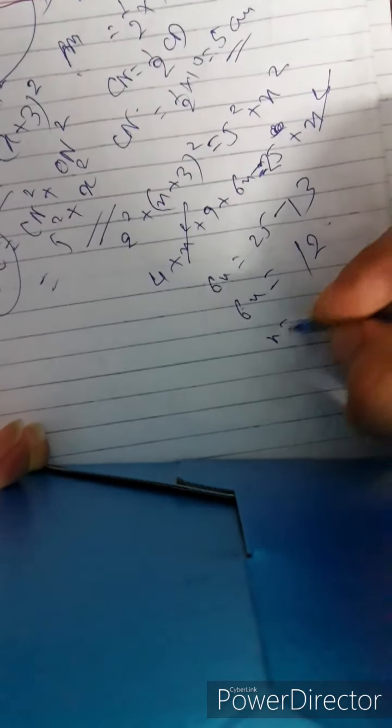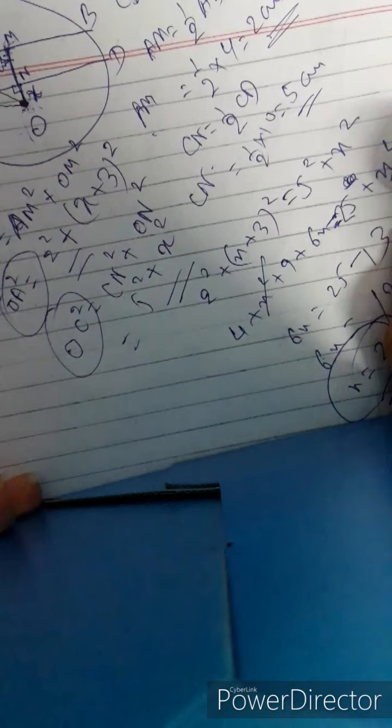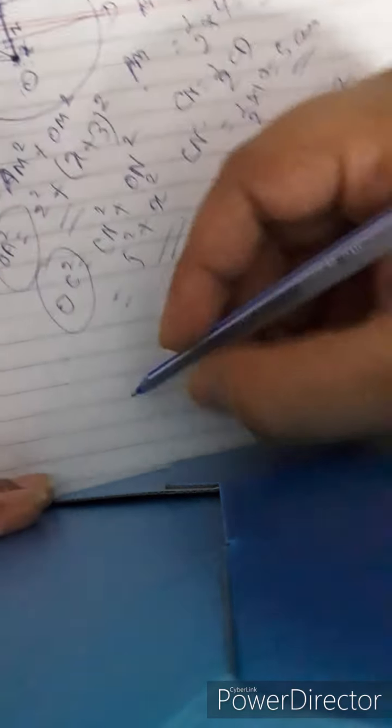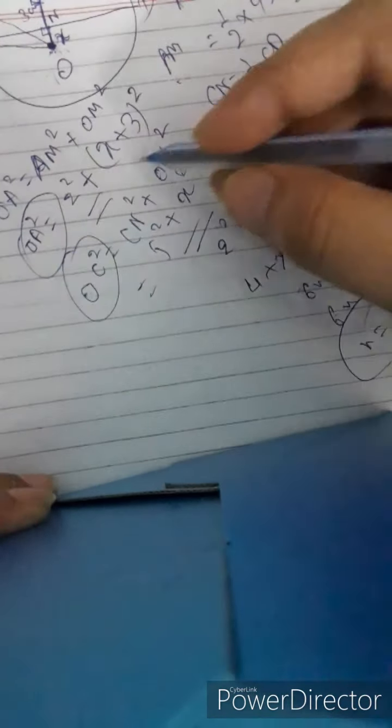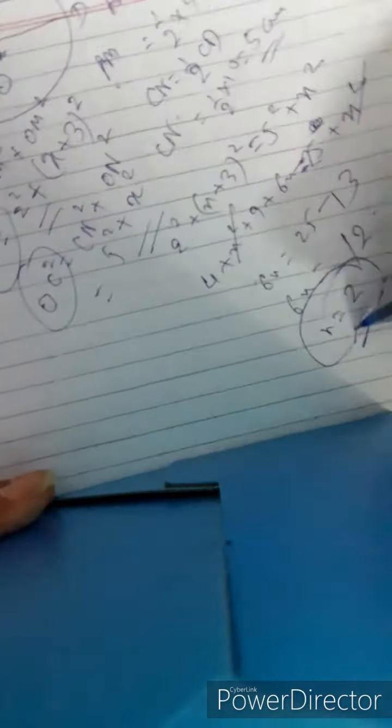Alright, so x becomes equal to 2. Now we have to find the radius of the circle. Taking x equal to 2, OA is the radius.